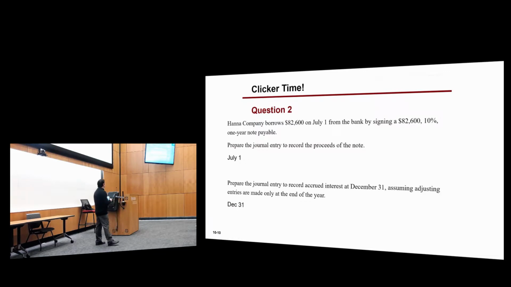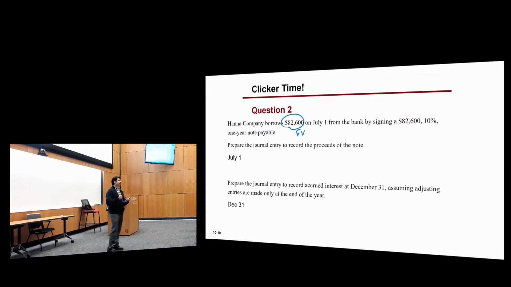Let's do this one. The company borrowed $82,600 on July 1st. So the amount, that's the face value, right?